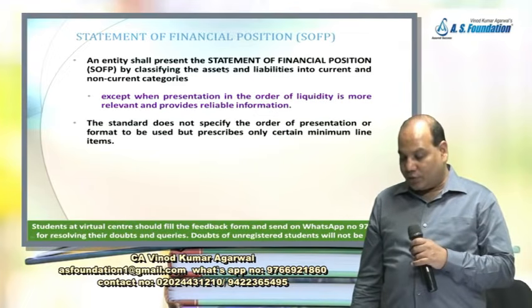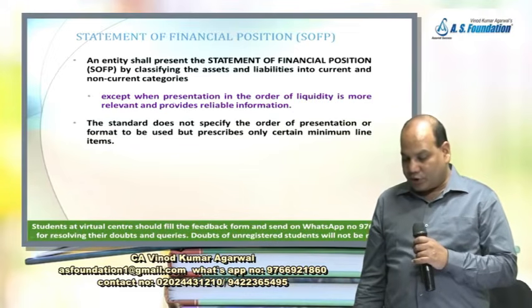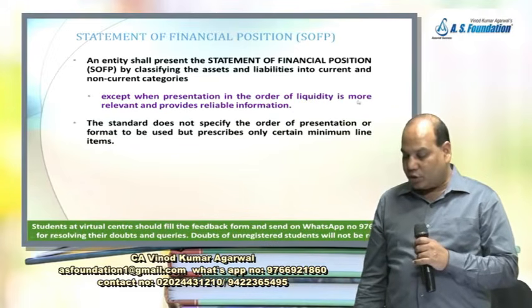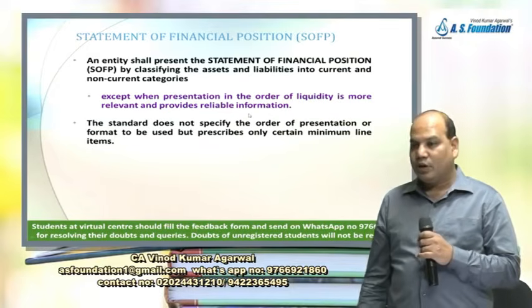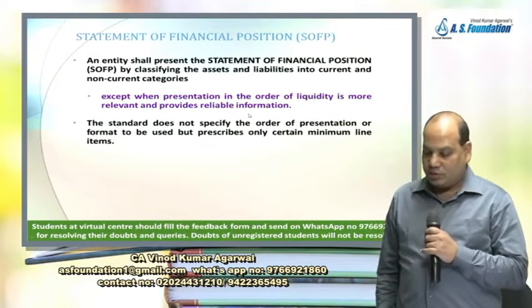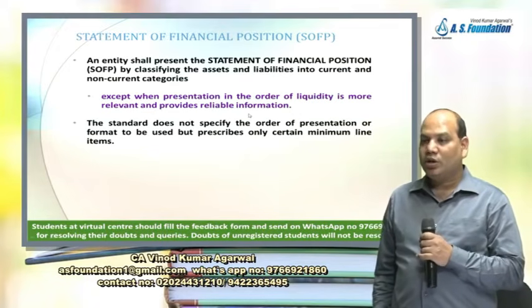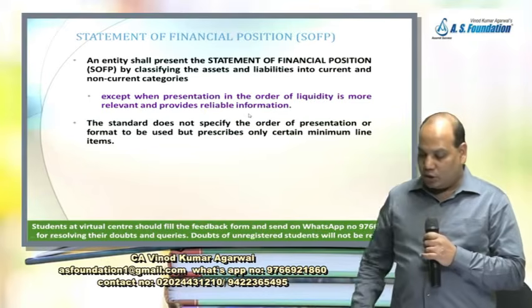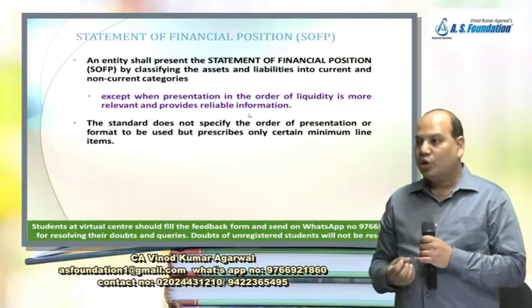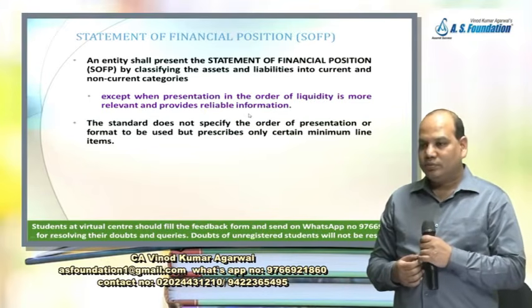But in case of IFRS, there is one option: except when presentation in the order of liquidity is more relevant and provides reliable information. That means instead of giving current asset and current liability, non-current asset, non-current liability format, you can present in the order of liquidity.